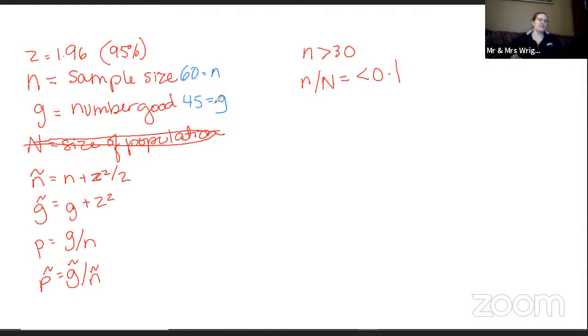So 45 is the G. To find the adjusted n, you would simply do 45 plus 1.96 squared divided by 2. And when you plug that into your calculator, you're going to get 46.9208.